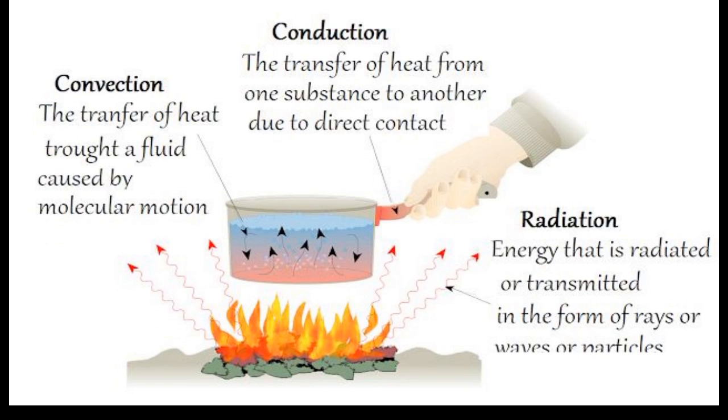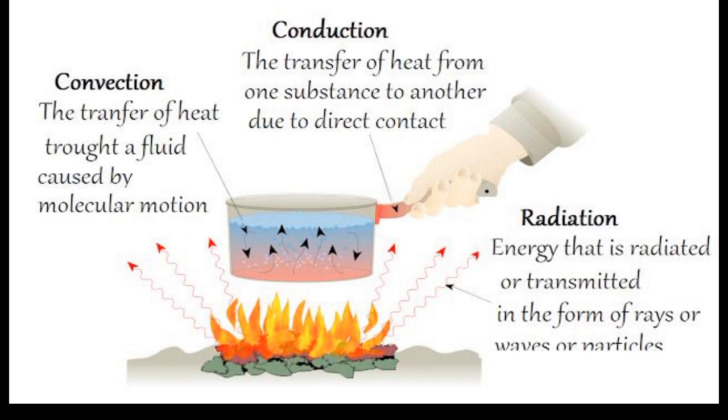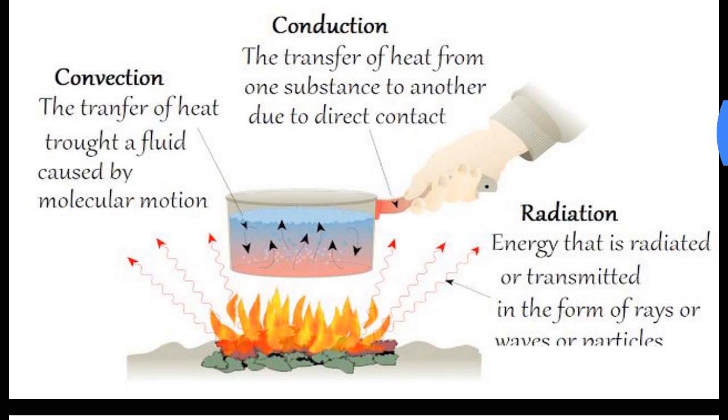So fluid means liquid or gas. Convection is a type of transfer of heat which occurs in fluids. And how does it happen? Through molecular motion, which means the actual molecules of the substance move from one place to another. That is convection.